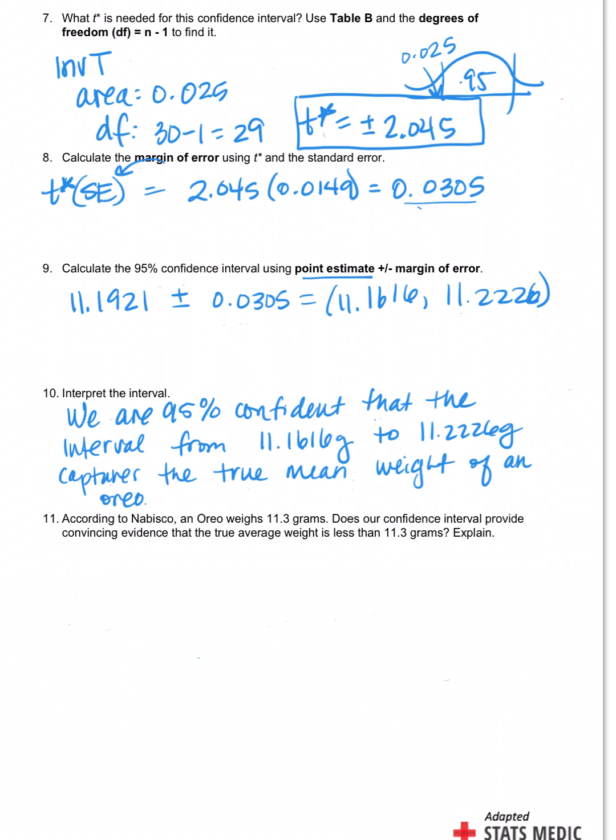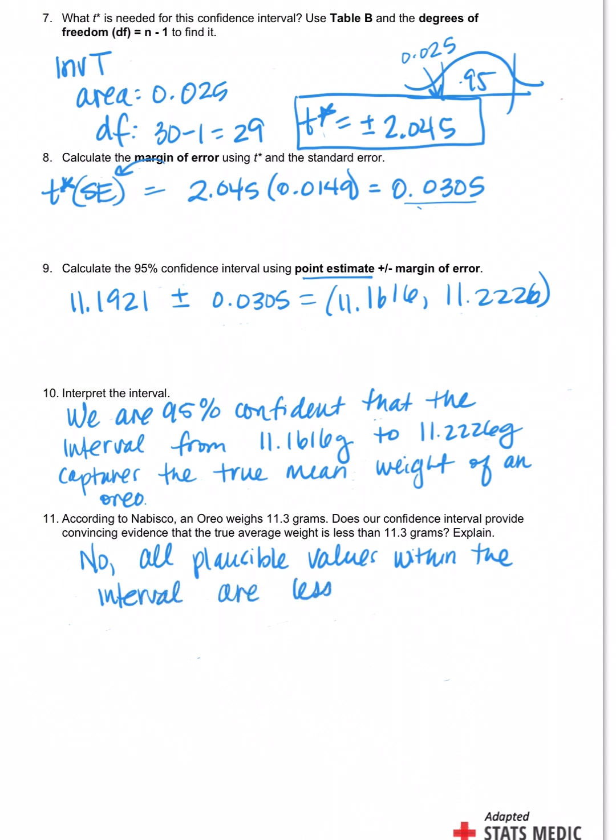So we would say, does it give us evidence? No. We'd say all the plausible values in the interval are less than 11.3 grams. So we cannot say that they're telling us the truth. We don't think they are.